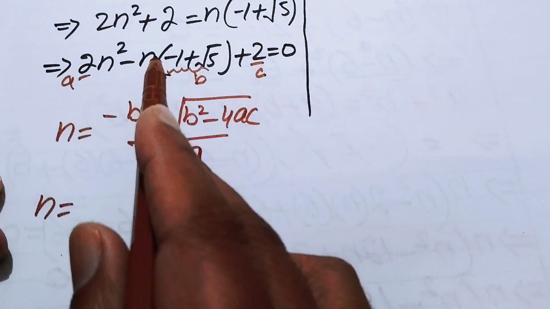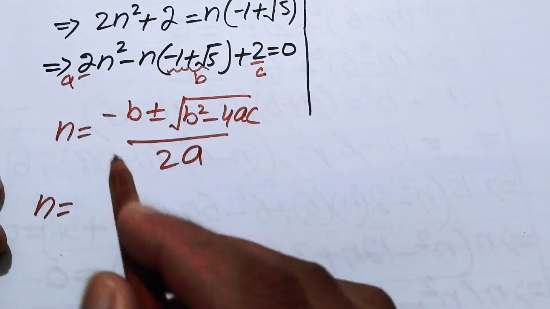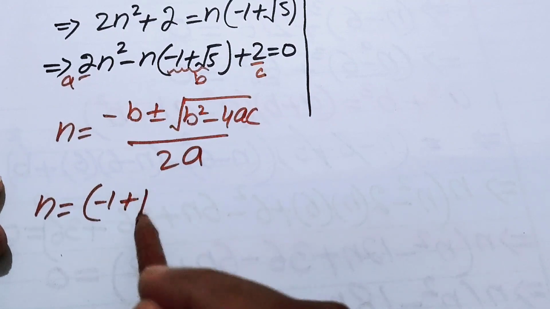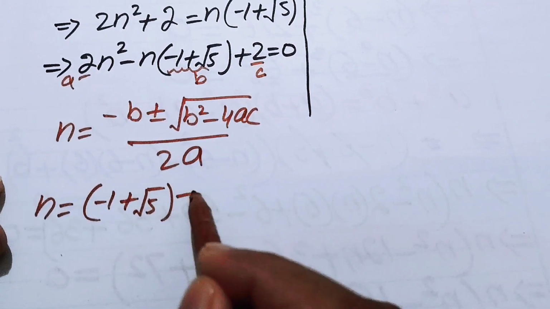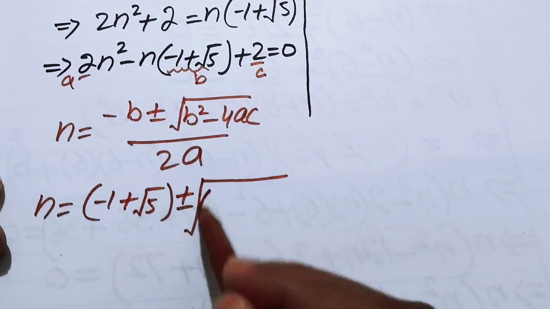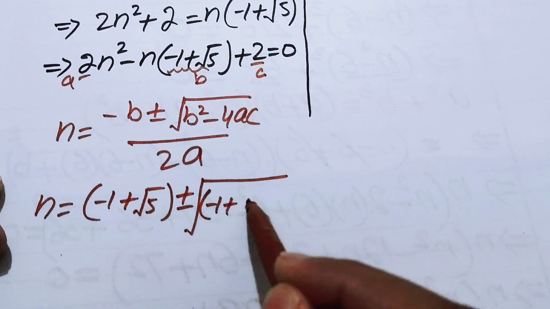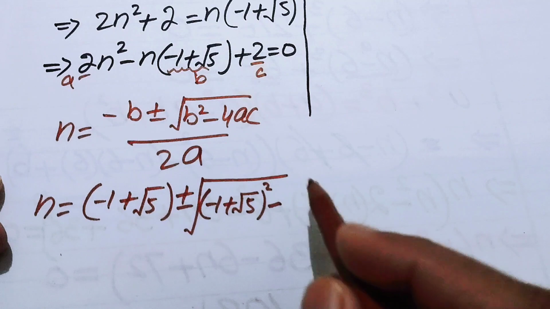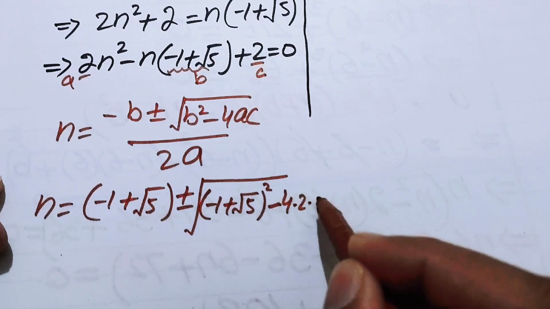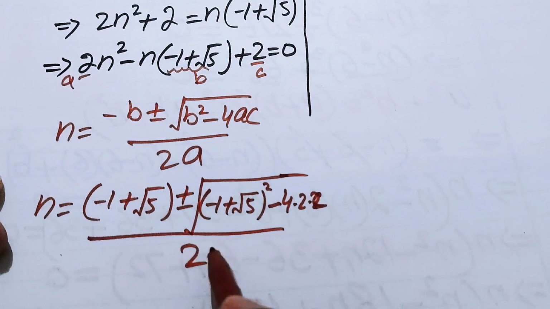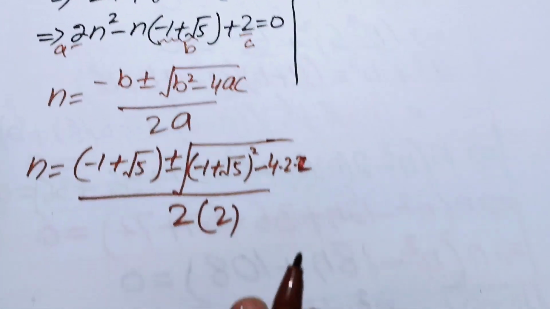This is a negative term, so minus times minus equals plus, and you get minus 1 plus square root of 5, and plus or minus we have b squared. So you get here minus 1 plus square root of 5 squared, minus 4 times a is 2 and c is 2, and this whole over 2 times a, which is 2.